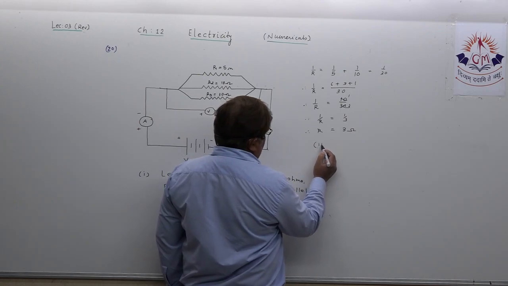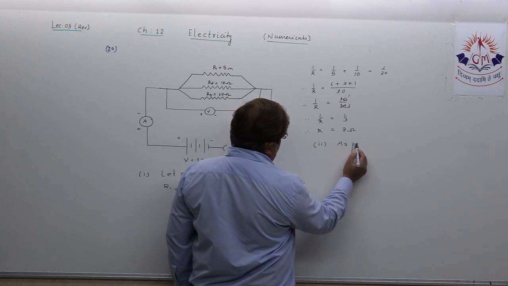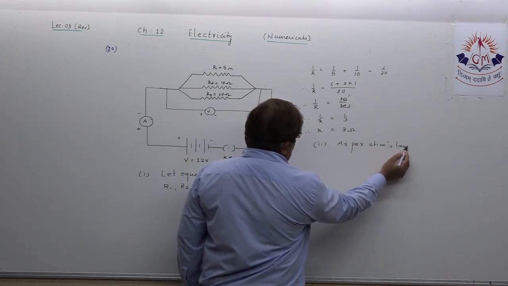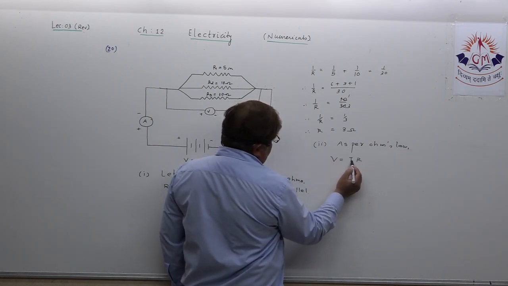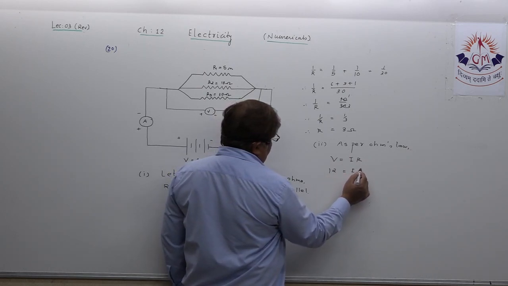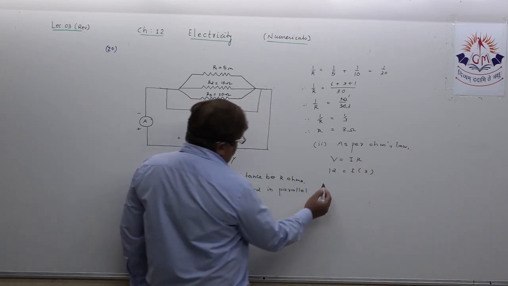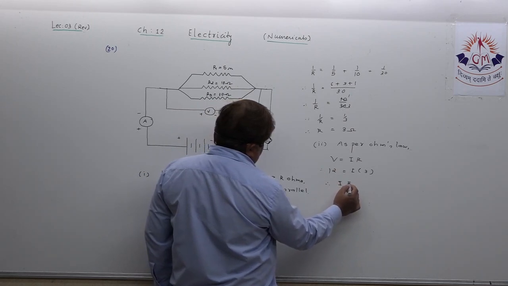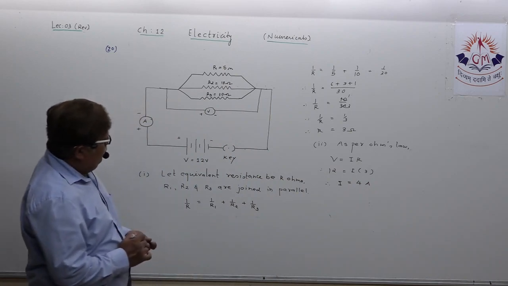Okay, and now the second one. You need to mention as per Ohm's law, V equals IR. What is V? 12. I we are looking for, R is 3. So I equals 12 upon 3, you all know, 4 ampere. Understand?